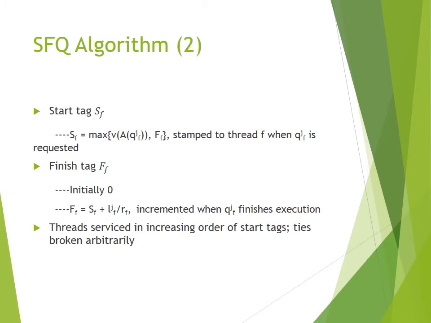Also, the author defines the start tag of thread f, which is the maximum of the request time of the process and its last finish tag. And the finish tag is initially 0, and it equals the start tag plus the quantum length divided by its weight.